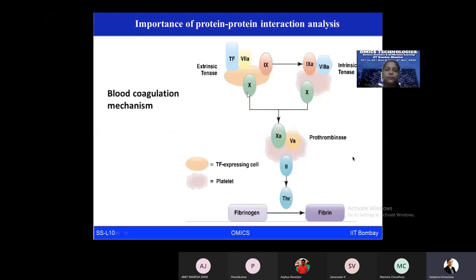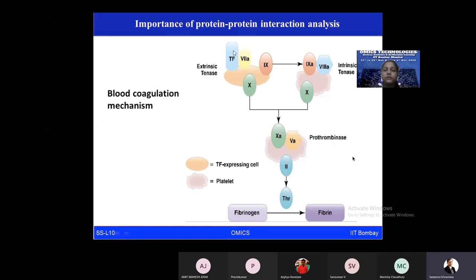For example, if we look at the blood coagulation mechanism, there are two ways by which this mechanism takes place in the body. One is the extrinsic tenase complex and the other is the intrinsic tenase complex. In the extrinsic tenase complex, factor 7A interacts with the tissue factor, and then factor 10 gets activated to factor 10A.